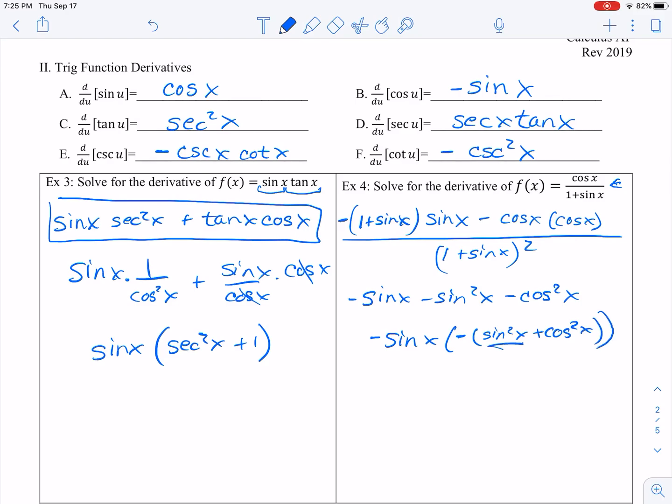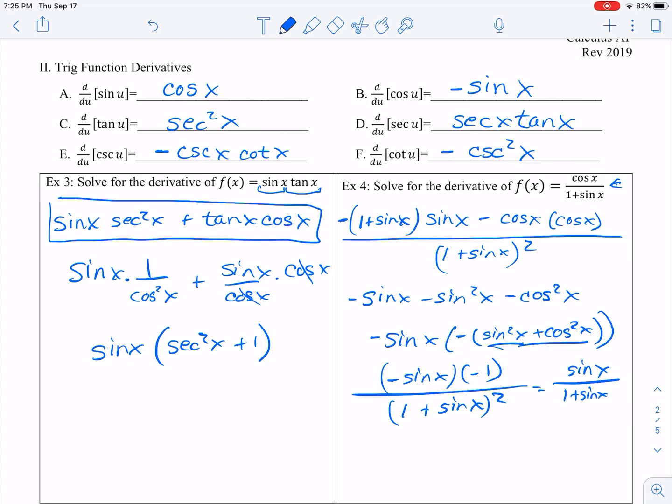That's the big daddy. Sine squared plus cosine squared is equal to what? 1. So you have negative sine of x times negative 1, all divided by 1 plus sine of x squared. And that's really a positive sine x over 1 plus sine x squared. Again, do you have to do that? No, I just like trig and it's fun. Okay?